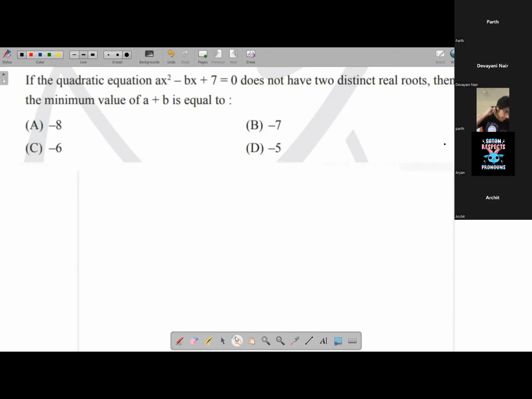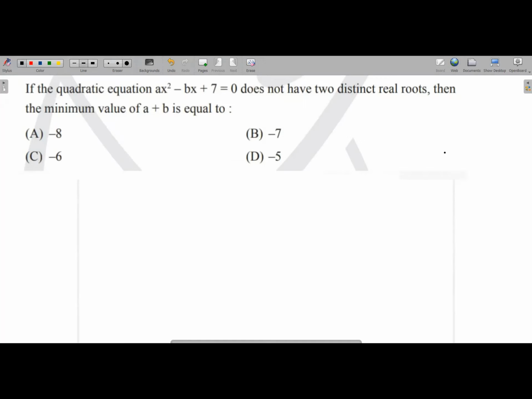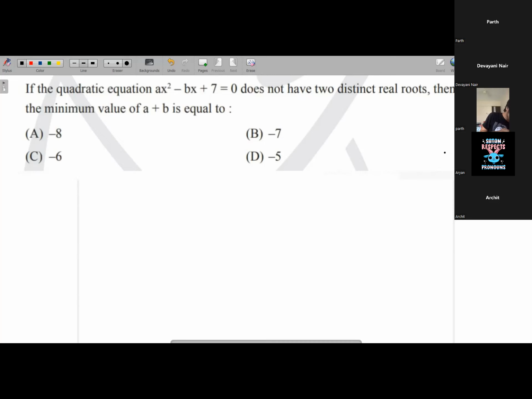Means you go inside the box first, then you come out of the box and think and solve the question. I'll give you only 1 minute.